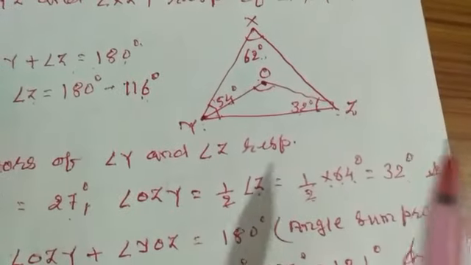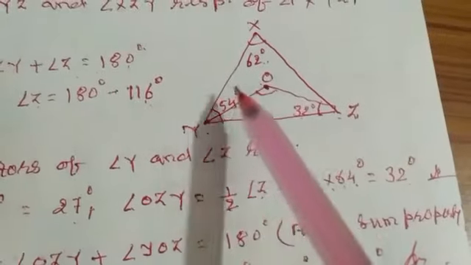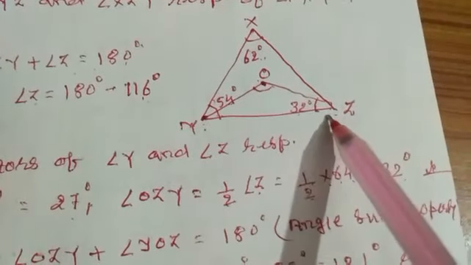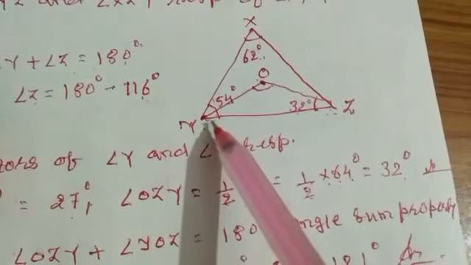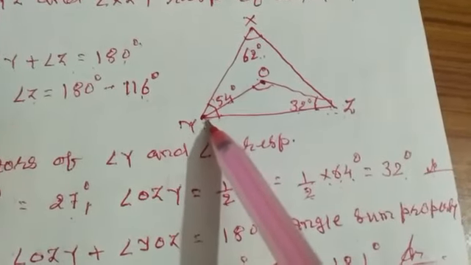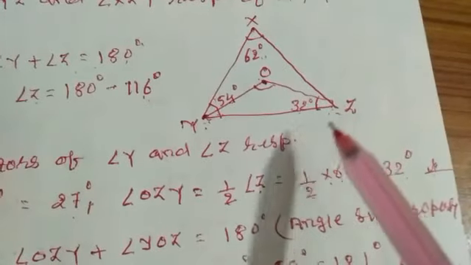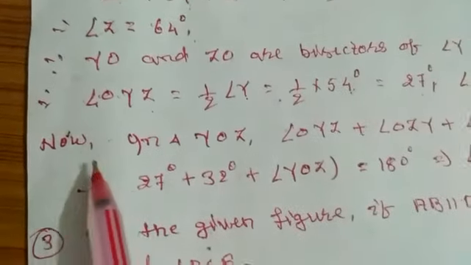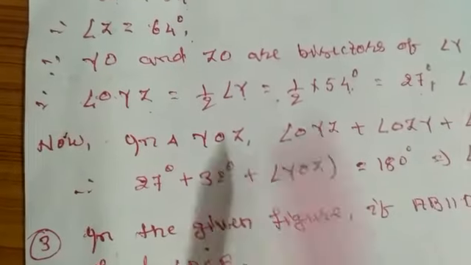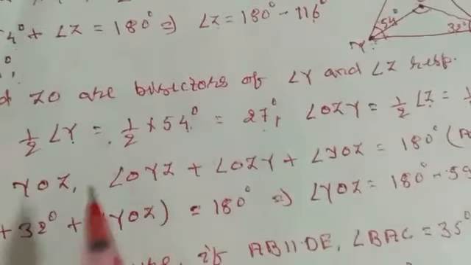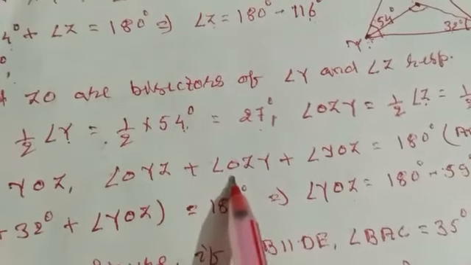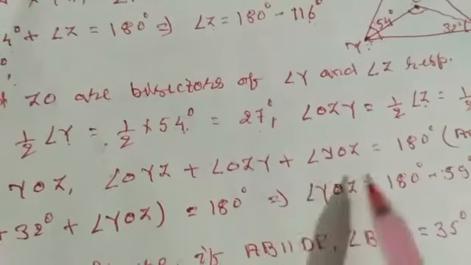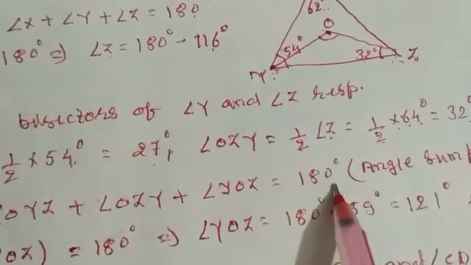So, now we have the value of angle OYZ and angle OZY. So, apply the angle sum property in triangle YOZ. So, now in triangle YOZ, we have angle OYZ plus angle OZY plus angle YOZ equals to 180 degree.